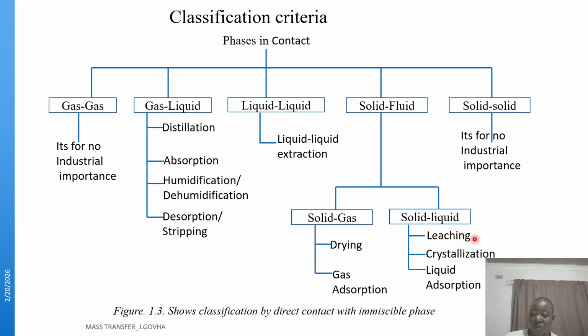We look at our crystallization, and the sugar industry comes into play. Then the liquid adsorption, where we've got a solid phase there. Applications where we are using our activated carbon to remove impurities from water.